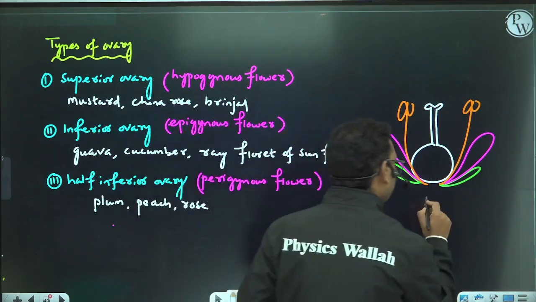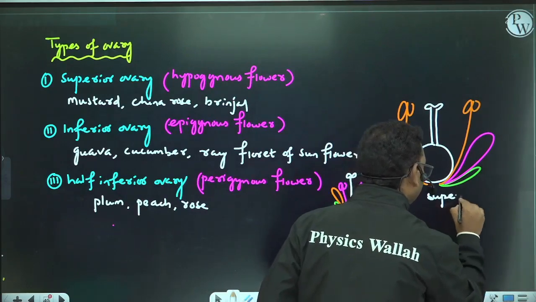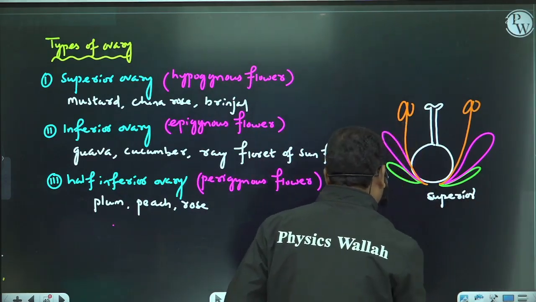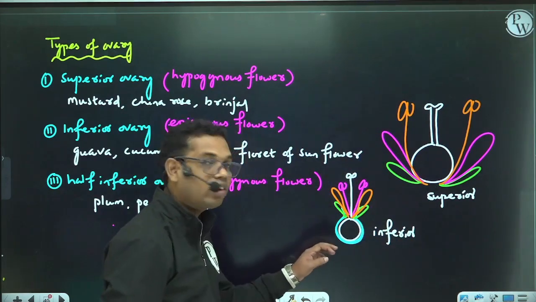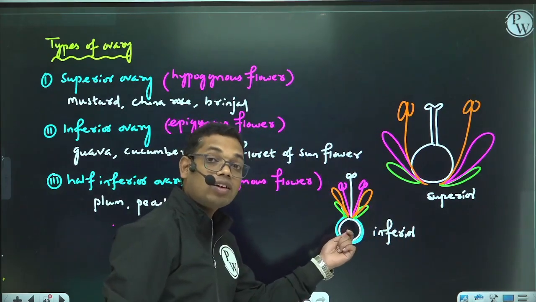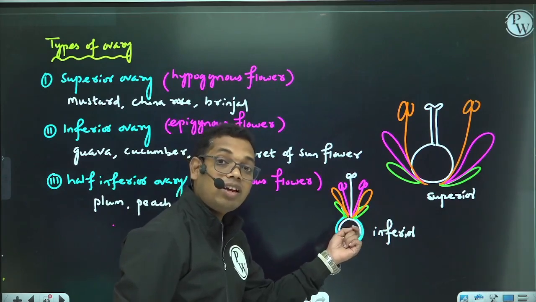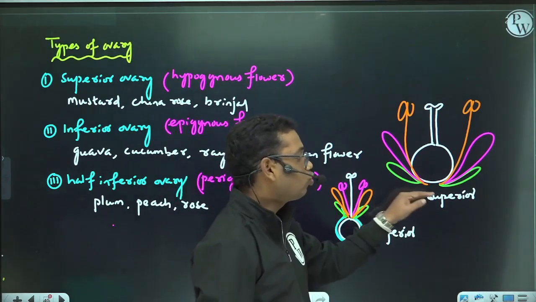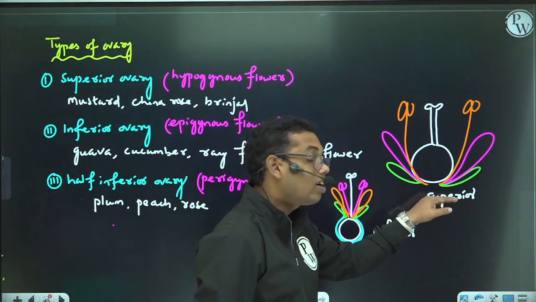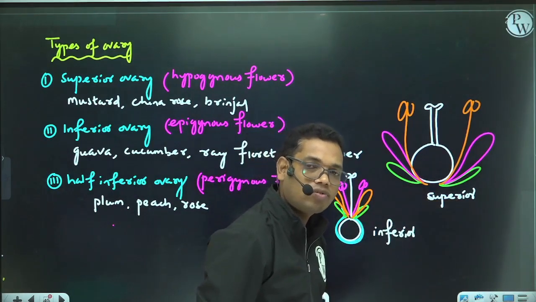So this is superior ovary and this is inferior ovary. The plant and the flower having inferior ovary is called epigynous flower. And the flower having superior ovary is called hypogynous flower.